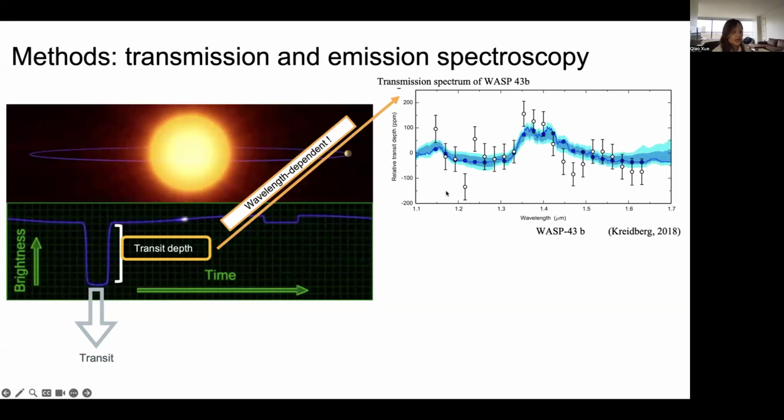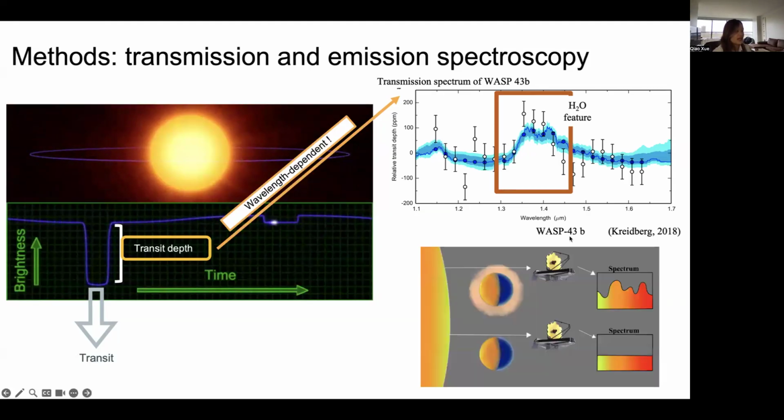So on the right, I showed the transmission spectrum of WASP-43b obtained by Hubble Space Telescope, where we can see, centered at 1.4 microns, there is a bump, and this is the water feature. The water in the atmosphere of WASP-43b absorbs slightly more light, making the measured transit depth appear to be larger.